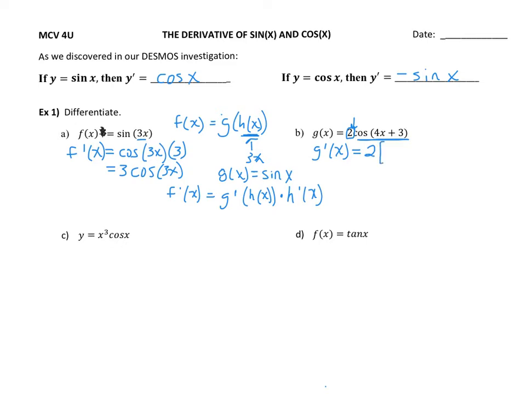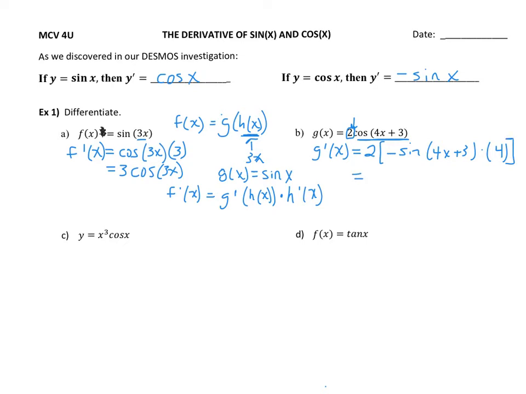The derivative of cos of x, or in this case cos of 4x plus 3, would be negative sine at the inner function, 4x plus 3. And then that has to get multiplied by the derivative of the inner function. And the derivative of the inner function would be just a 4 there.